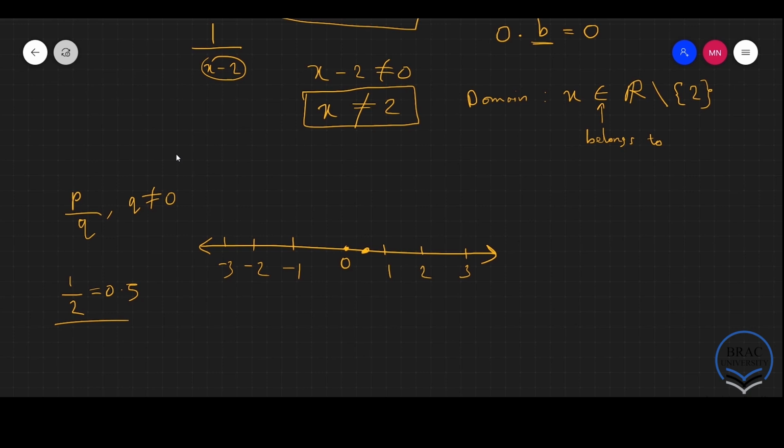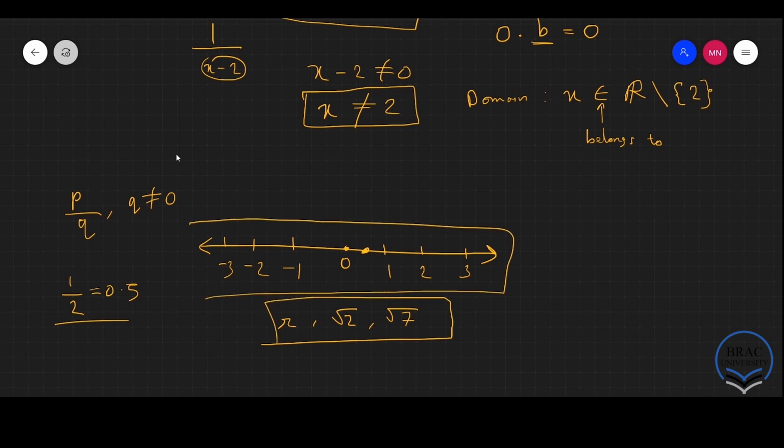Similarly, if I think of some irrational numbers such as pi or square root of 2, square root of 7, and so on, I can also plot these on the real number line, right? So the real number line consists of the set of rational numbers and irrational numbers. So we have irrational numbers as well as natural numbers, whole numbers, and the set of integers. These are all real numbers.